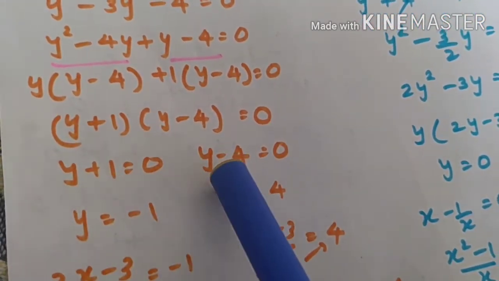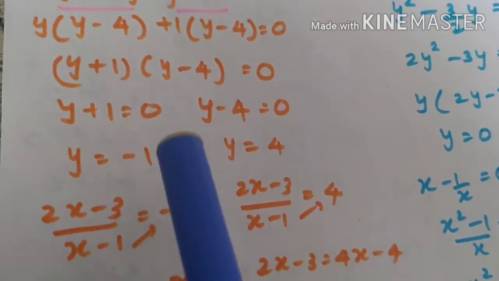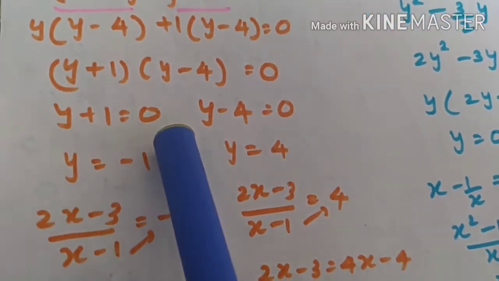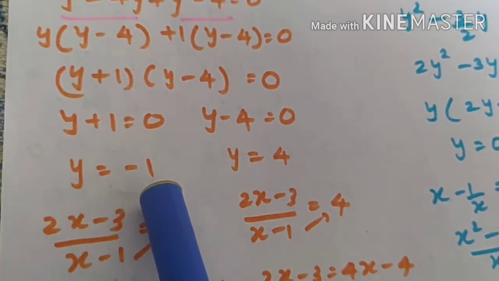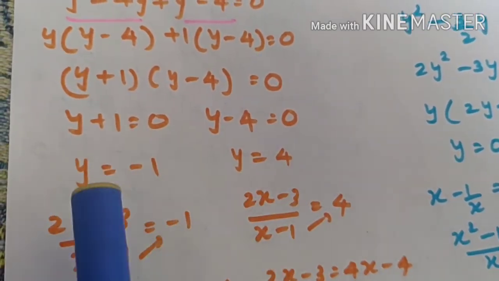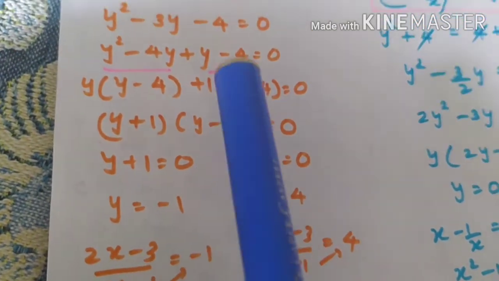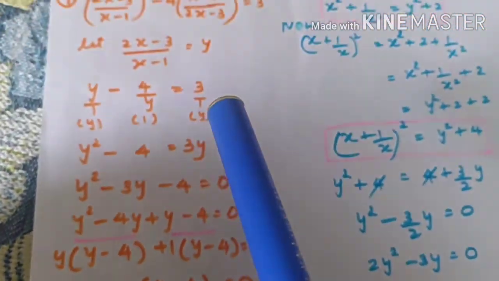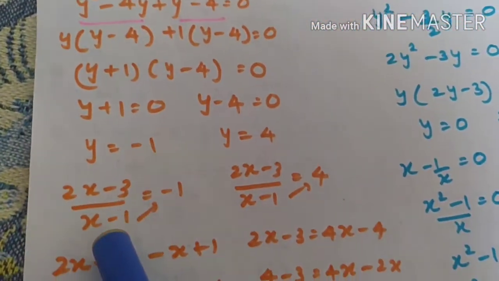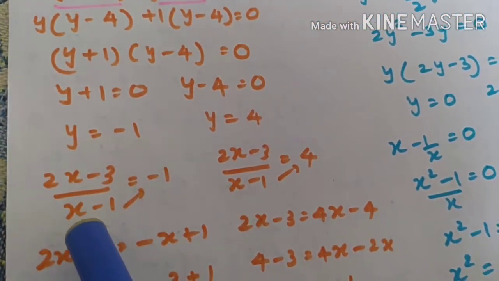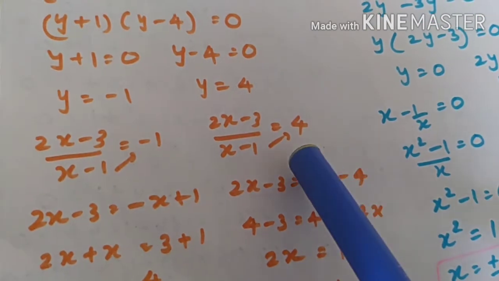I get two separate answers. y plus 1 is equal to 0, y minus 4 is equal to 0. So y is equal to minus 1, y is equal to 4. Now placing the value of y there, our value of y is (2x minus 3) upon (x minus 1), that I am placing here, and here also.